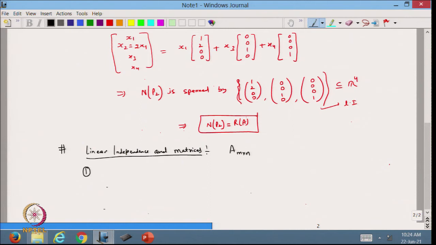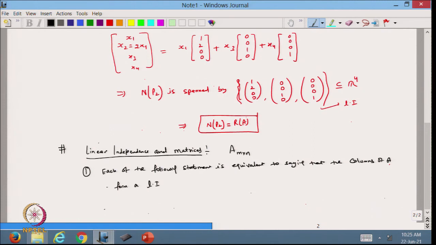Now, first, each of the following statements is equivalent to saying that the columns of A form a linearly independent set. This can be written as LI.